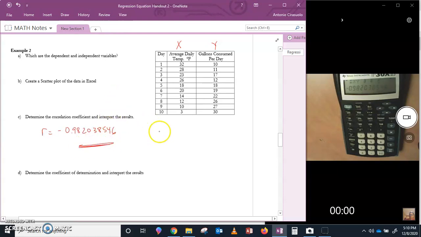Okay, so we have a strong negative correlation. As the temperature increases, consumption decreases.